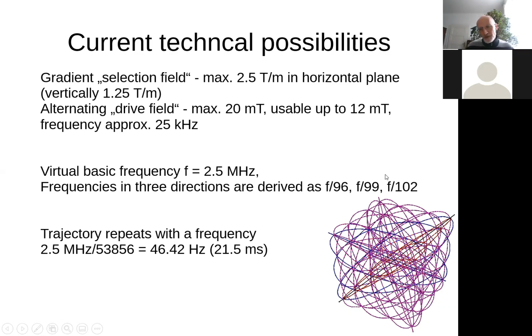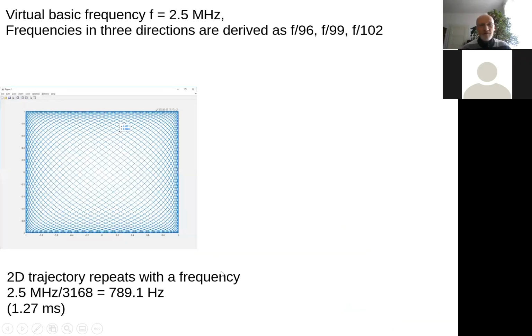So they are pretty close, and the closer they are together, the more dense a net of the Lissajous trajectory I can obtain. Therefore it's f over 96, f over 99, and f over 102. So the frequency is approximately 25 kilohertz, and the whole trajectory repeats every 21 milliseconds. So the scanning of the whole space is very fast.